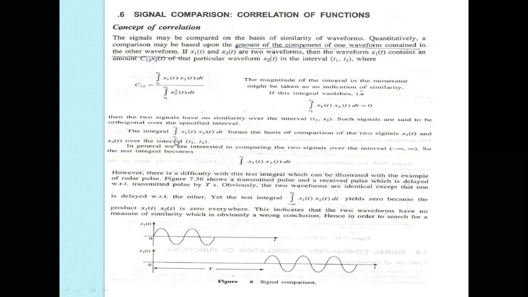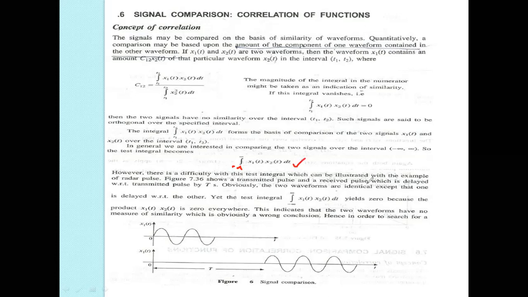Then the integral t1 to t2 x1 of t x2 of t dt forms the basis of comparison of the two signals x1 of t and x2 of t over the interval t1 to t2. In general, in comparing the two signals over the interval minus infinity to infinity, the integral becomes minus infinity to infinity x1 of t x2 of t dt.